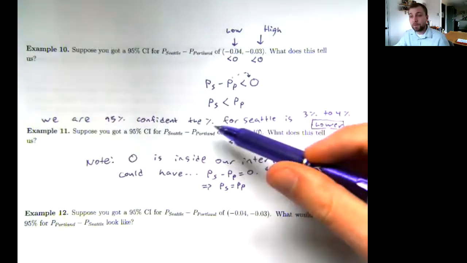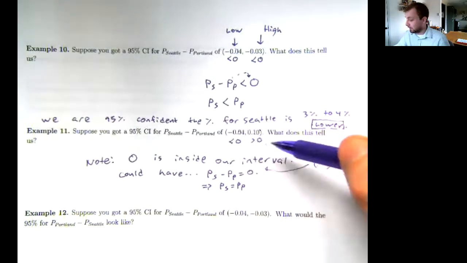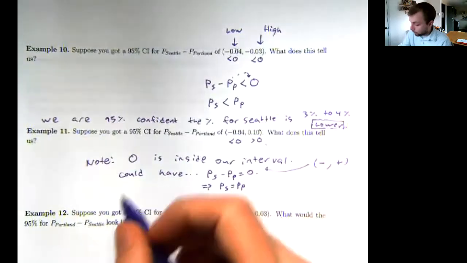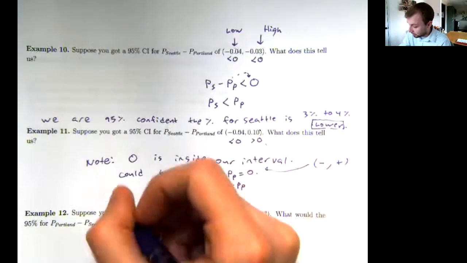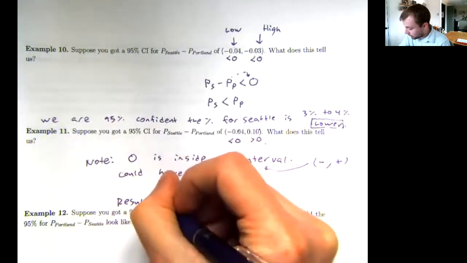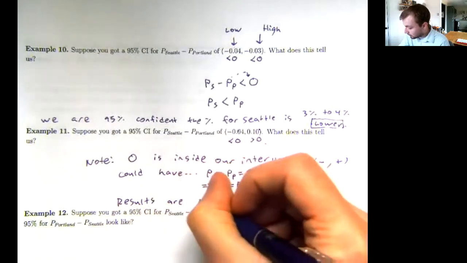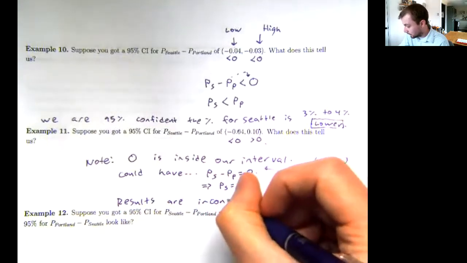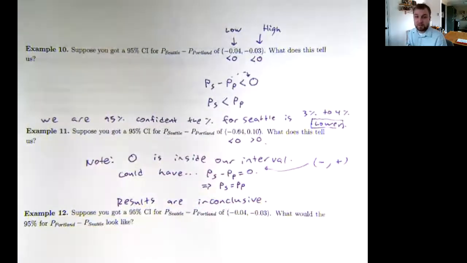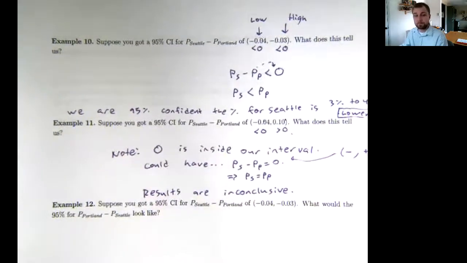So I really run the full gamut there with either of these cities being the better city. As a result, when I have 0 inside of my interval, I say my results are inconclusive. I cannot determine who the better team is or who the better city is.